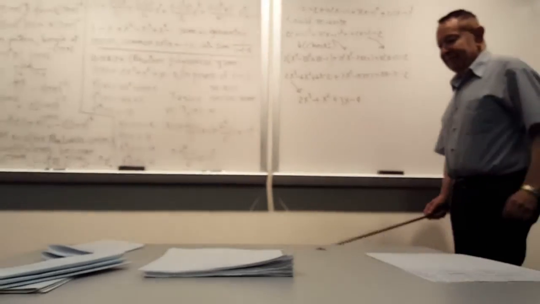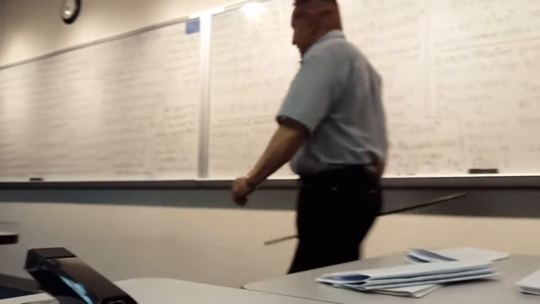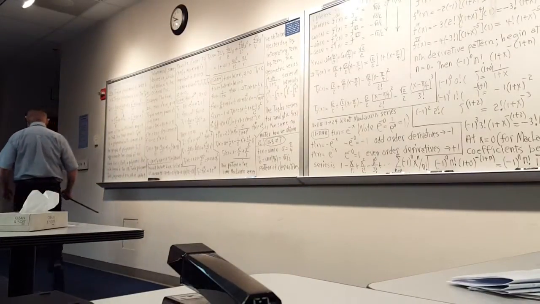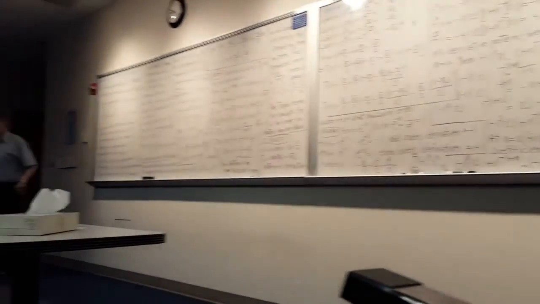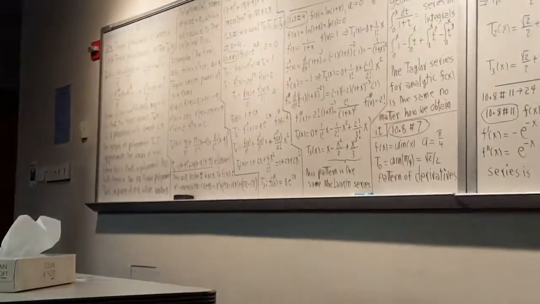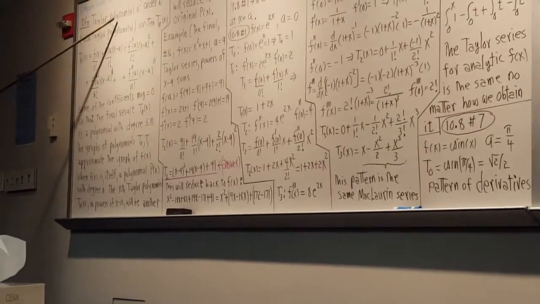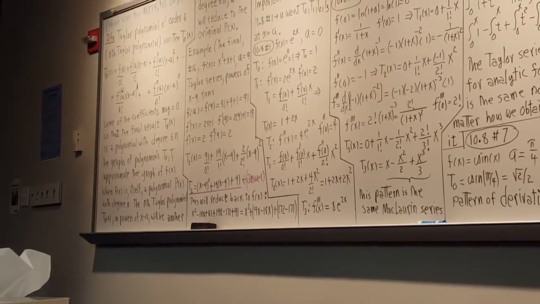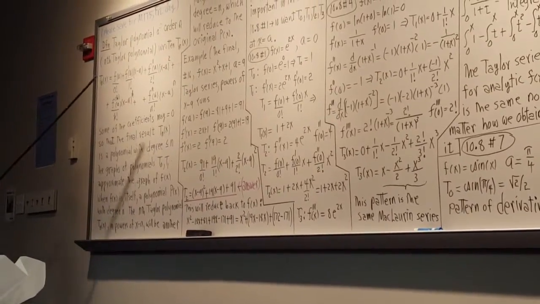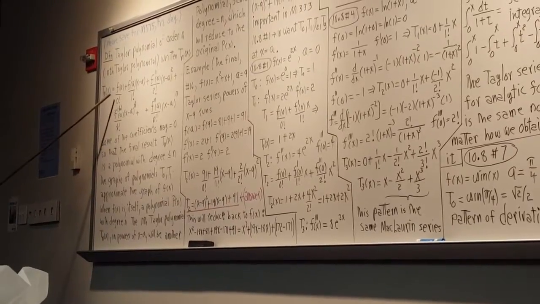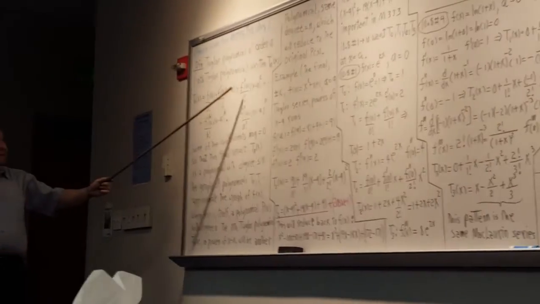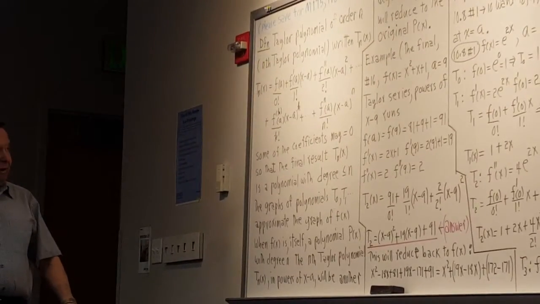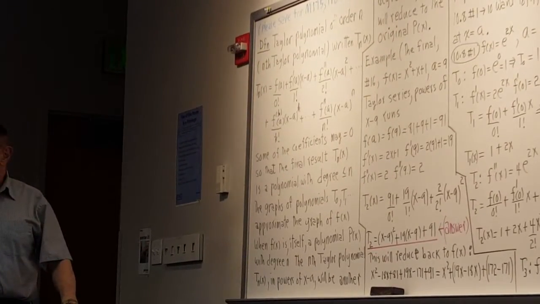Let's look at what we have today then. So you see, the first thing I've written is what I've been saying. A Taylor polynomial of order n, or the nth Taylor polynomial, is written like this. And so it is your Taylor series, except that you stop where you'd have x minus a to the nth.